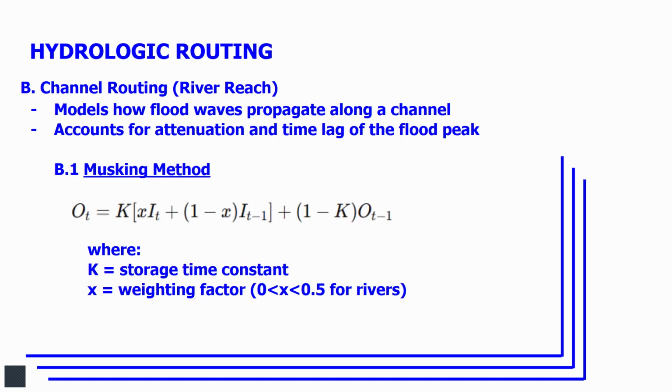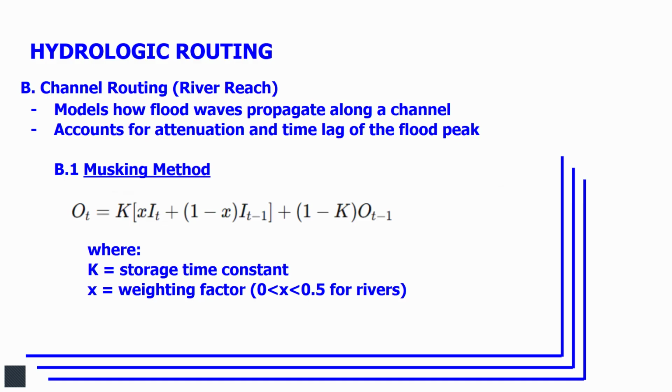Then second is the channel routing or the river reach. Channel routing models how flood waves propagate along a channel. So it accounts for attenuation and time lag of the flood peak.